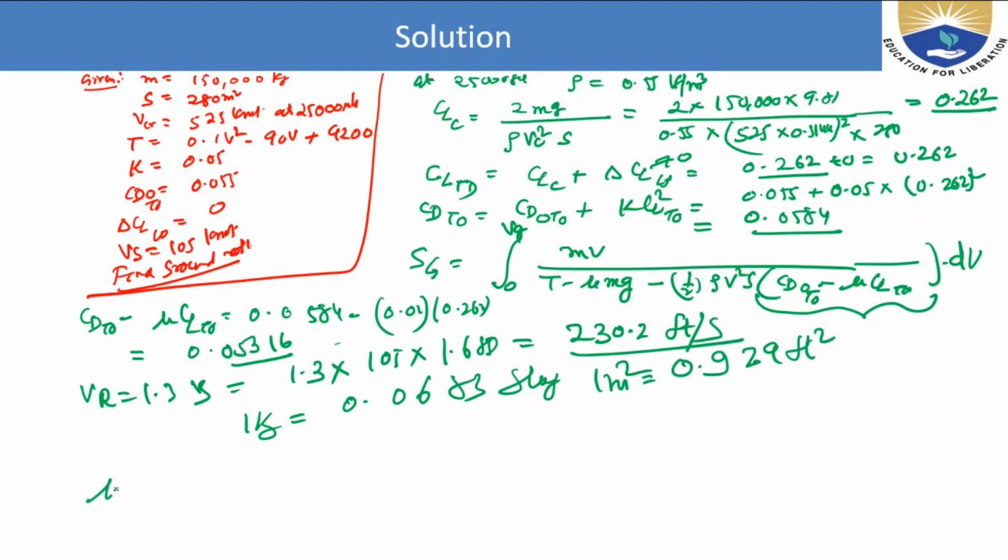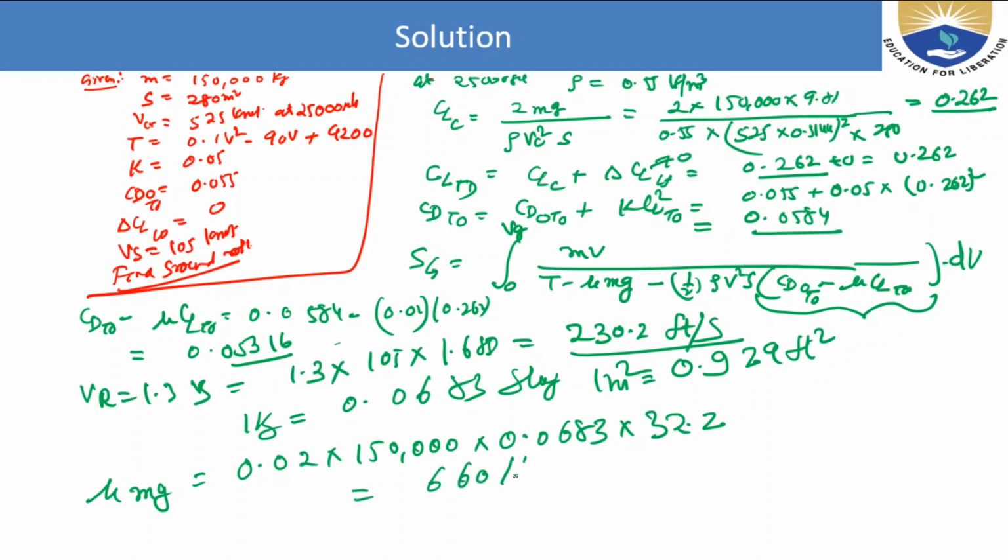So mu mg we can find out: 0.02 into 150,000 into 0.0683 into 32.2. So we got here 660 pounds. So we got mu mg, and we have all the things.